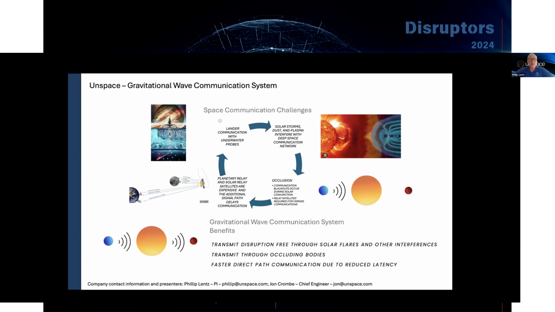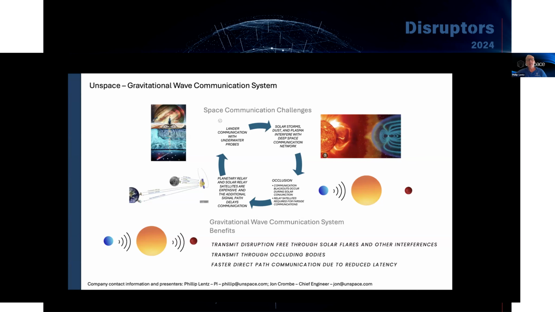Astrophysical bodies will occlude communication. Rotation of planets prevents communication with colonies on the far side of planets, the far side of the moon. Also, icy planet communications with landers, with space probes that are underwater would benefit from such a technology.